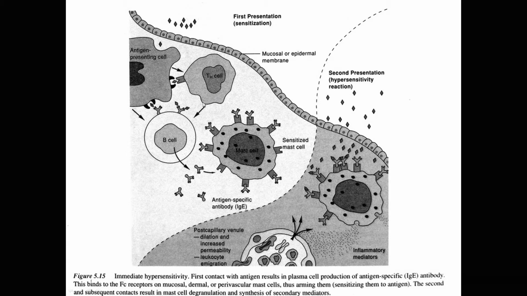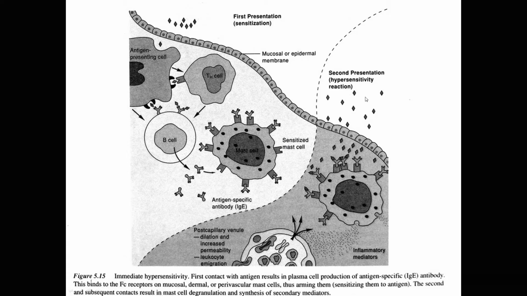A humoral immune response is induced and B cells will produce a lot of antibodies, IgE. The IgE antibody will bind to the mast cell surface. Thus, the first presentation of the antigen, the allergen, prepares a sensitized mast cell subpopulation.